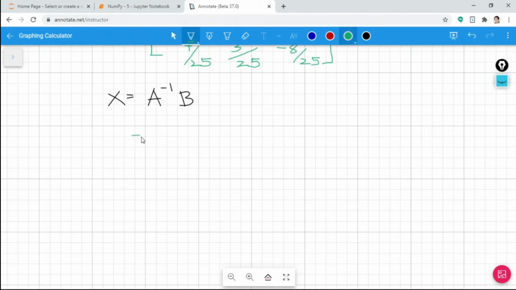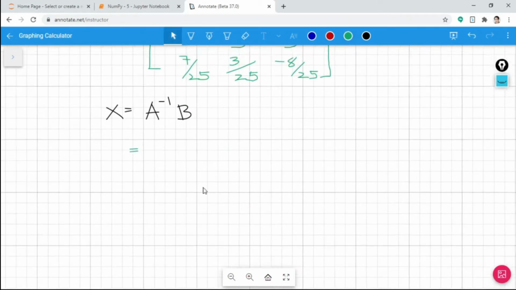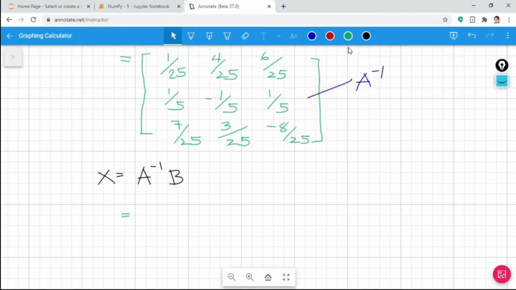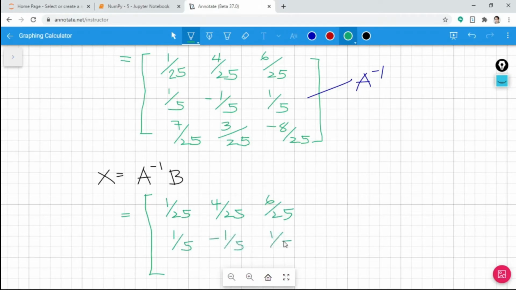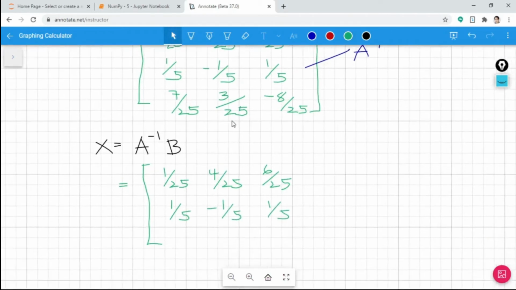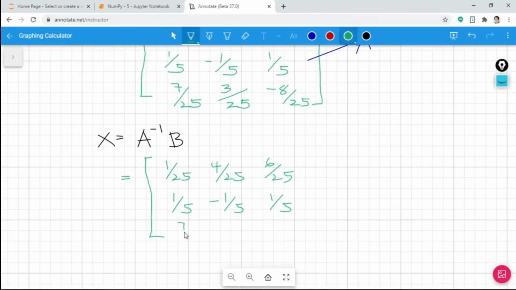We copy the inverse: 1 over 25, 4 over 25, 6 over 25, then 1/5, negative 1/5, 1/5, then 7 over 25, 3 over 25, and the last one.